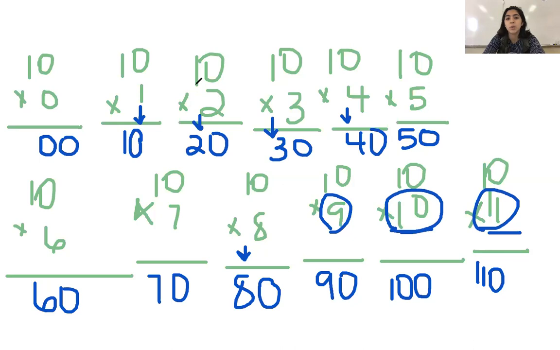The 2 looks at the 1, and the 1 tells it, you're a 2. And you get a 2. The same with the 3. The 3 looks at the 1, 3 times 1, and the 1 tells it, you're a 3. The 4 looks at the 1, and the 1 tells it, it's a 4. The 5 looks at the 1, and the 1 tells it, you are a 5. Okay? So those are a couple of ways on how to multiply.